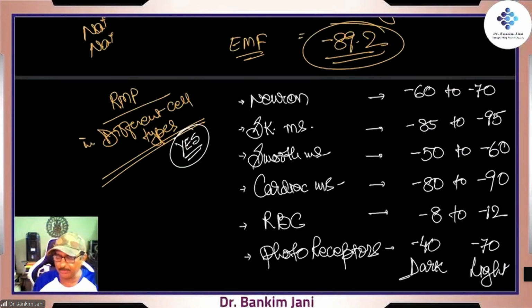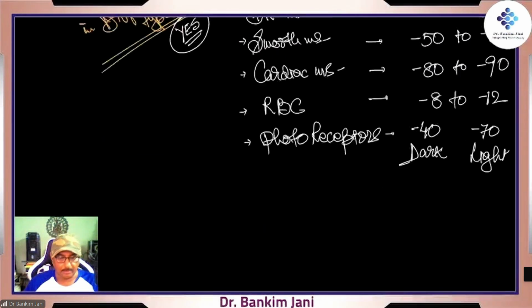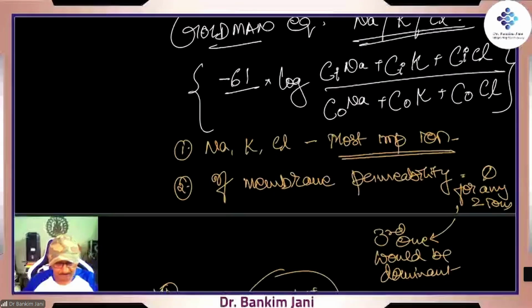You'll find that neuron, skeletal muscle and cardiac muscle are almost similar, and smooth muscle is a bit lower. Neurons are in between. Regarding the RBC and photoreceptors, don't stress much at this point. Even if you don't remember it, no worries. So we discussed two points.